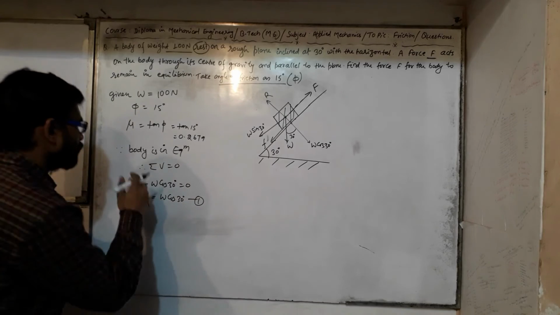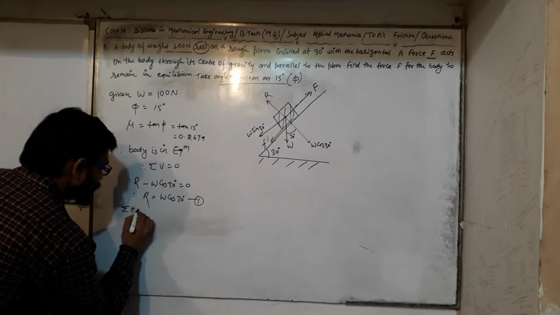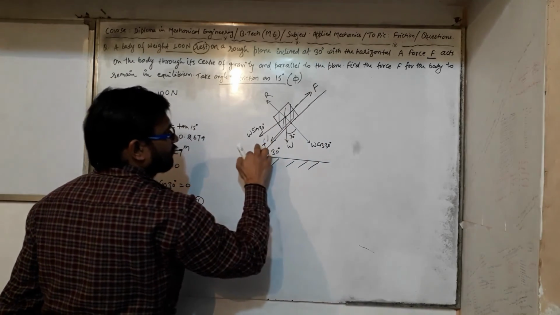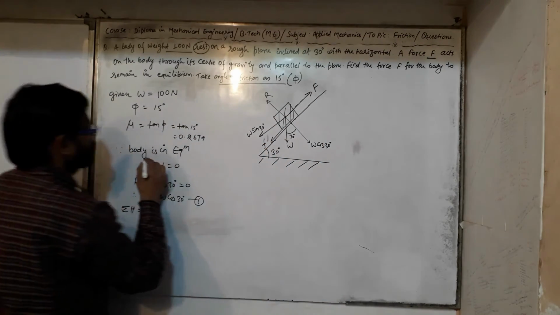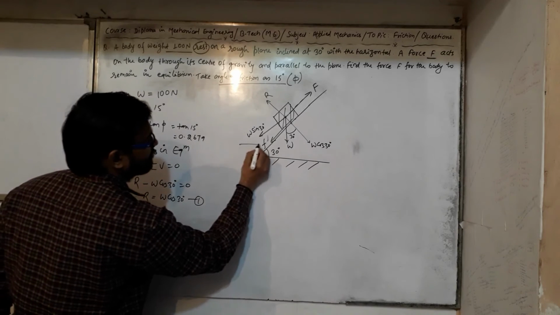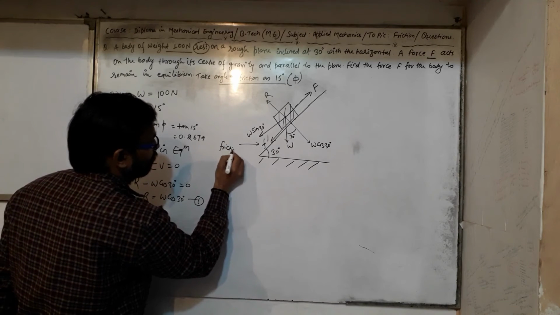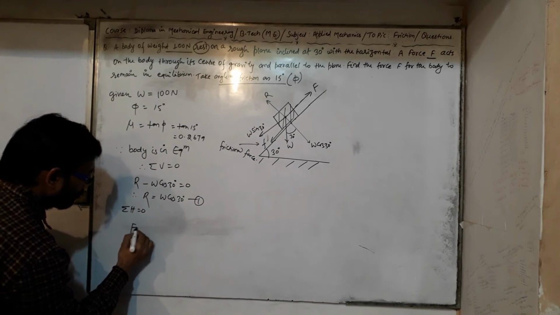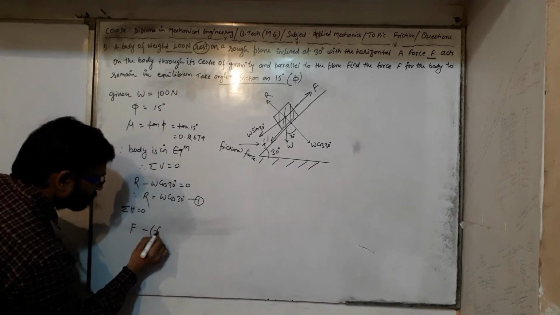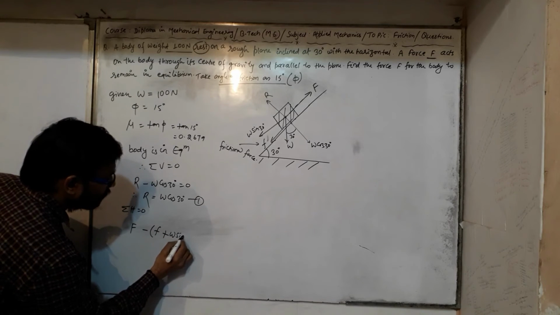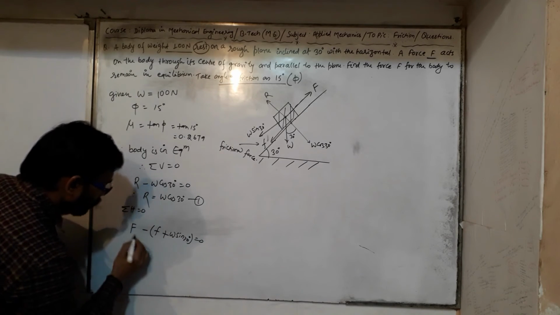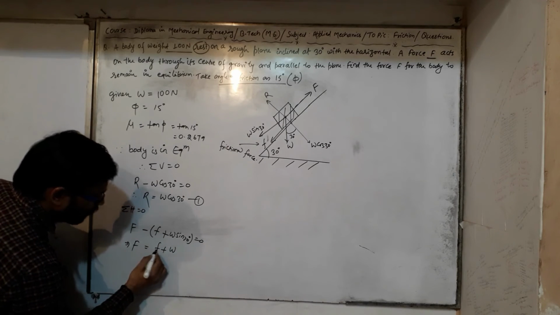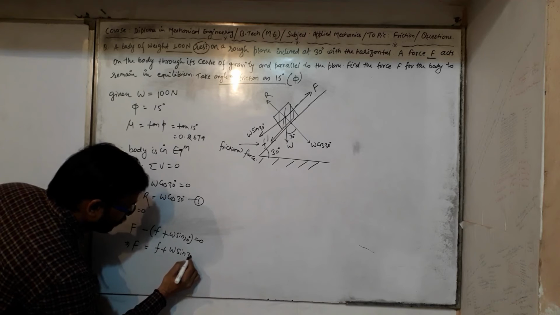Second thing, summation of horizontal forces is equal to 0. See, capital F is acting up in this direction, and small f, which is nothing but force of friction. This is frictional force, don't be confused. So now F minus small f, that is frictional force, minus W sin 30 degree gives 0. If I am transposing, this F is equal to small f plus W sin 30 degree.